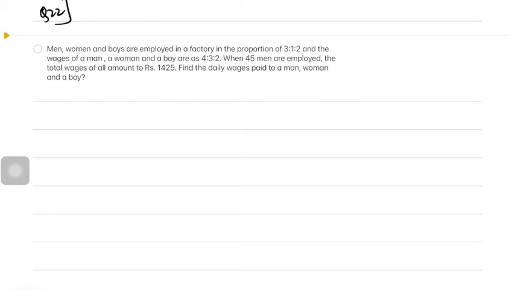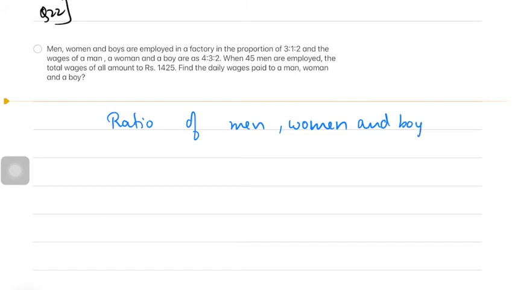Okay, so men, women and boys are employed in a factory in a proportion of 3 is to 1 is to 2. So ratio of men, women and boys is 3 is to 1 is to 2. It is given, right? And it is also given that there are 45 men.